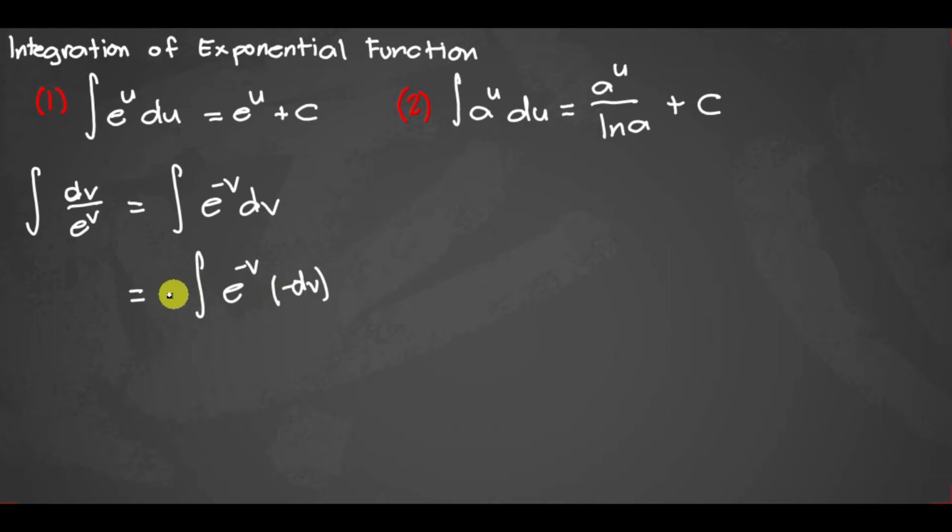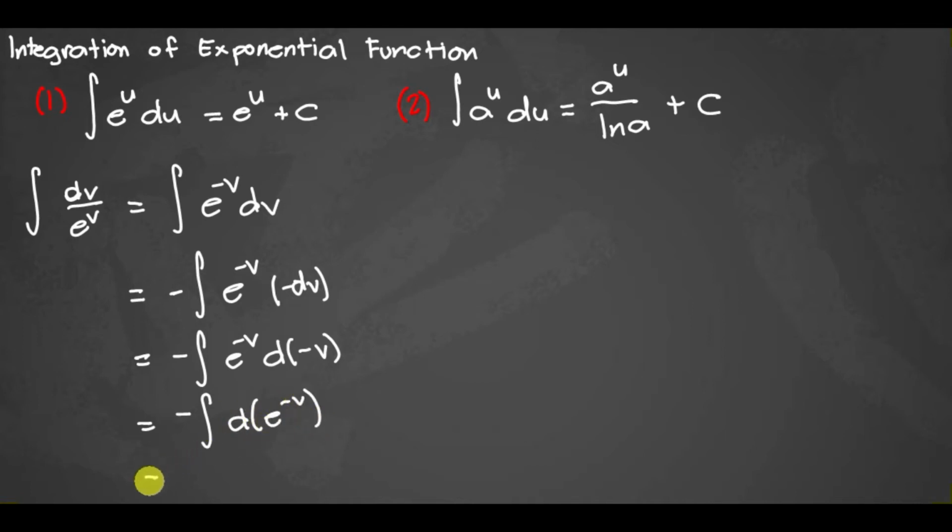Applying the neutralizing factor, we have a negative, and e raised to negative v is simply the derivative of e raised to negative v. Rewriting the equation as negative of the integral of the derivative of e raised to negative v, this will be our original function, that is negative e raised to negative v plus c.